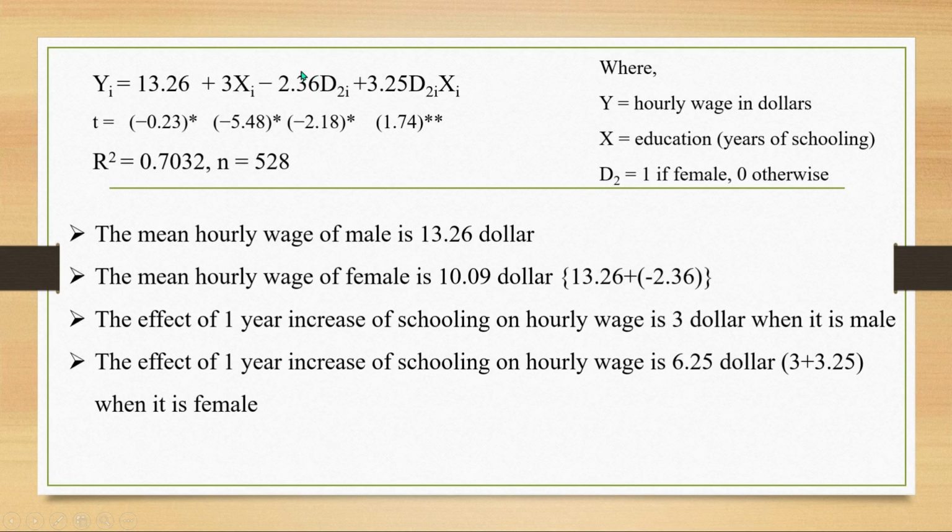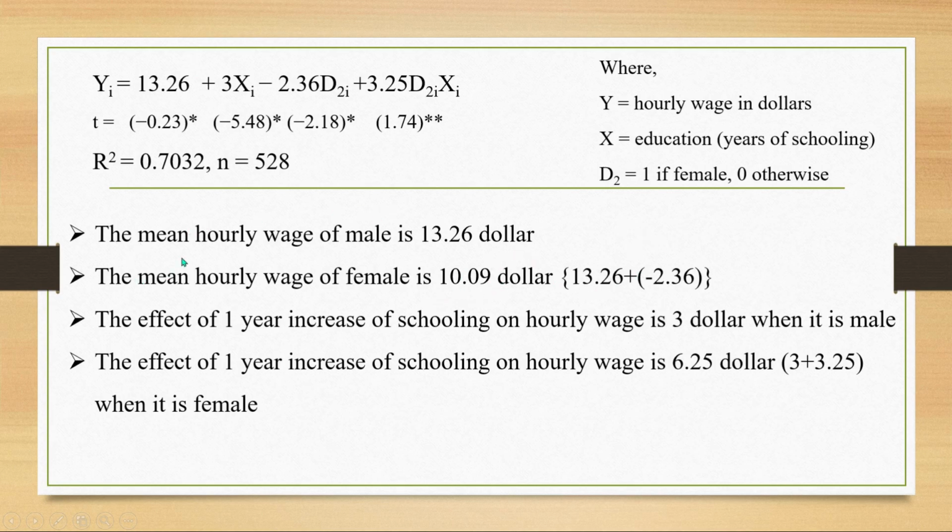Then we will get the mean hourly wage of female, which is $10.09. We found the 10.09 by adding the intercept coefficient value with the dummy variable coefficient value. As the dummy variable coefficient value is negative, we subtracted it from the intercept value. Then we got this result.